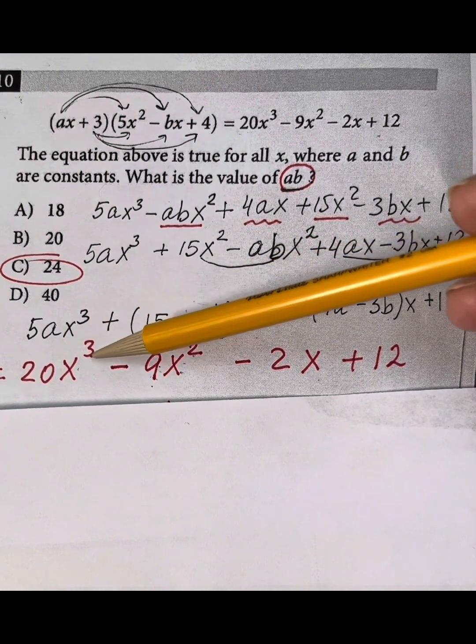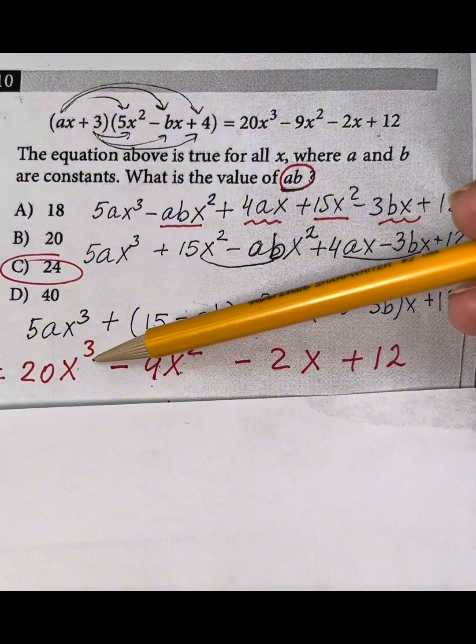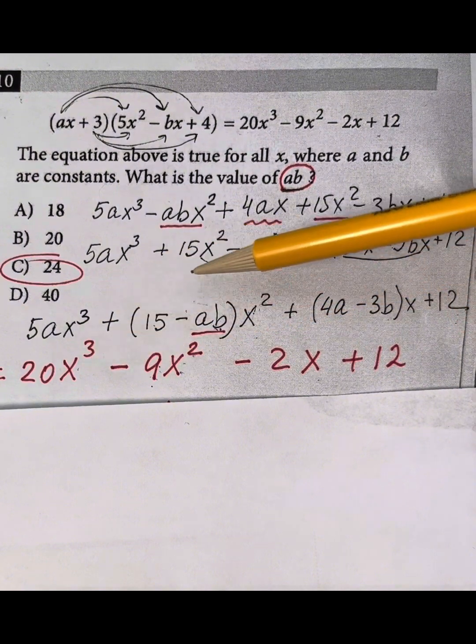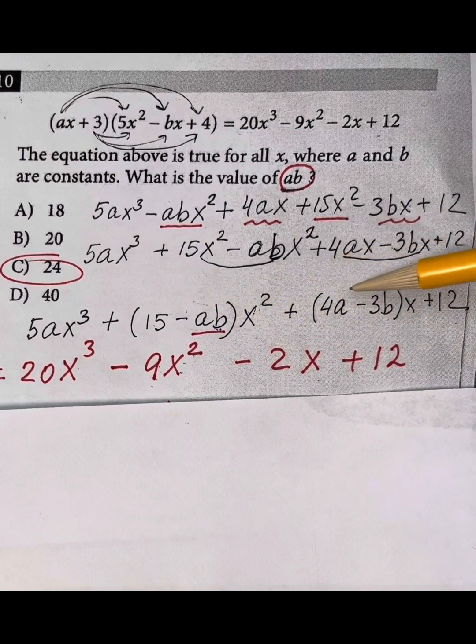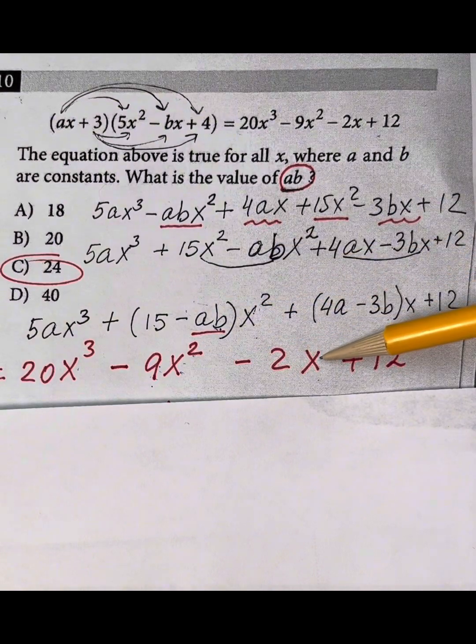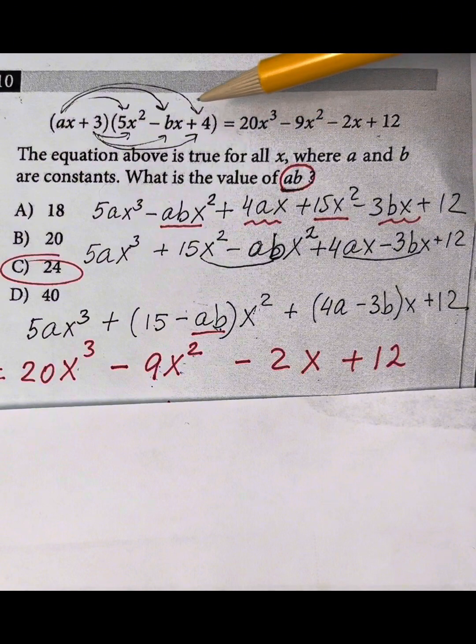First I put the x cubed term, the x squared term, next goes x, and the constant. Of course, these match. What does this mean? If this polynomial equals this one, then corresponding terms have to be equal.